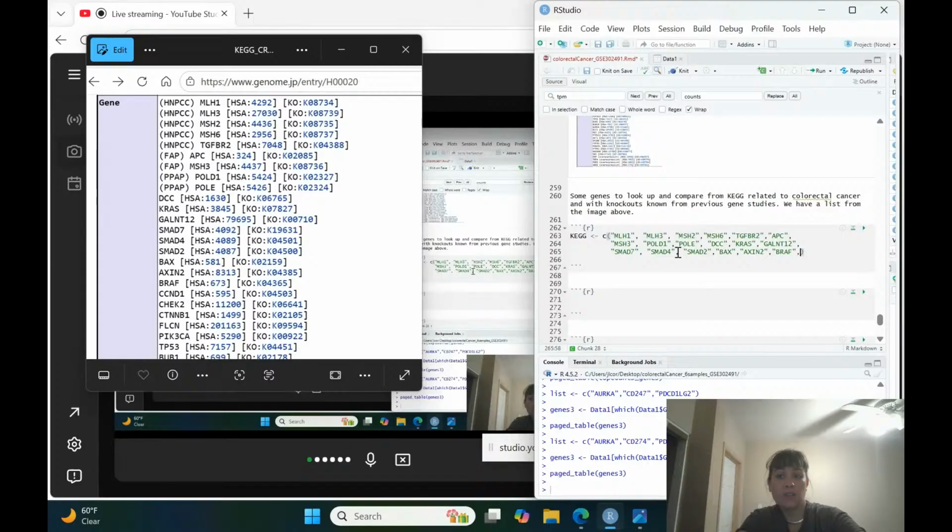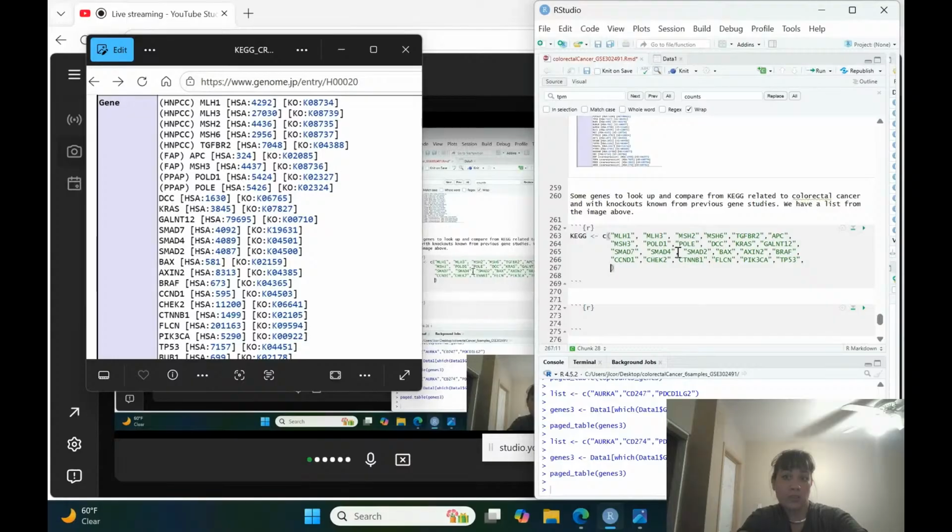ERAF. CCND1. Oh, that one comes up a lot. I've seen that in many cancers. CHEK2. CTNNB1. FLCN. PIK3CA. TP53. That's a common one.